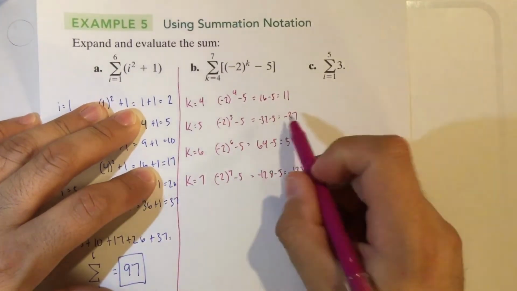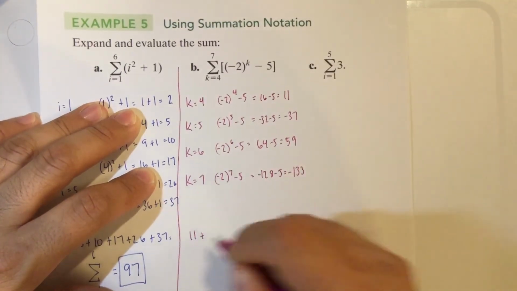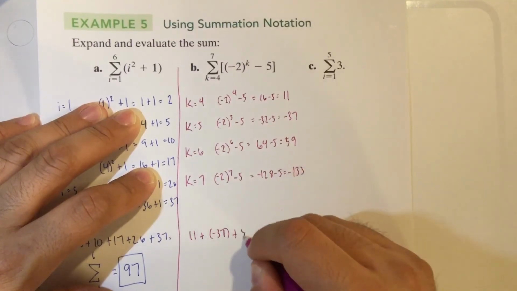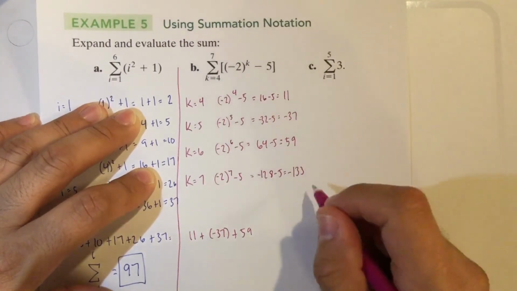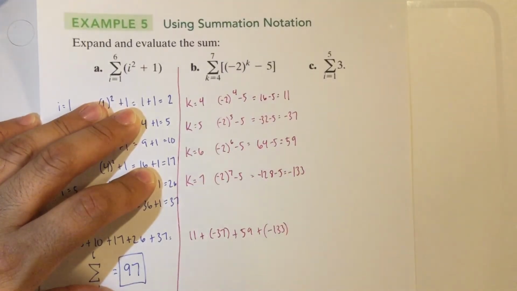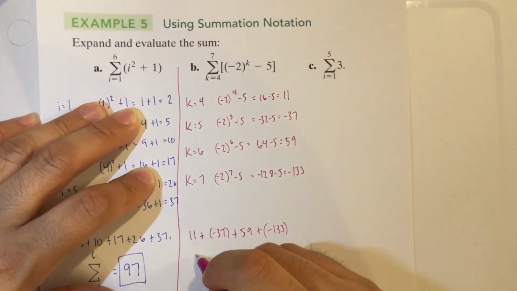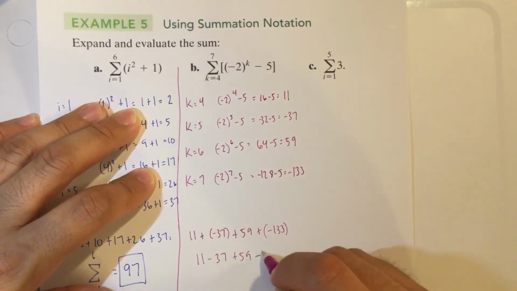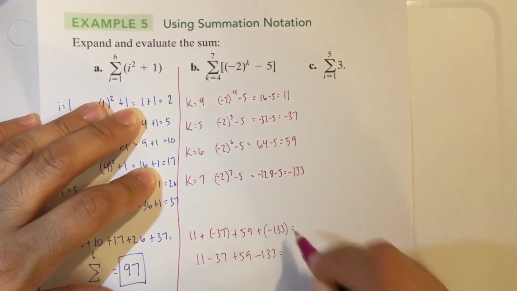The way I would add these up is 11 plus negative 37 plus 59 plus negative 133. I'm just putting this in parentheses so you can see. This simplifies to 11 minus 37 plus 59 minus 133.